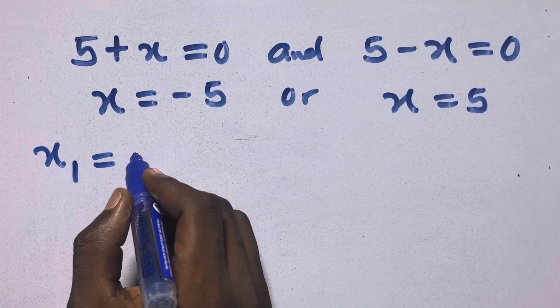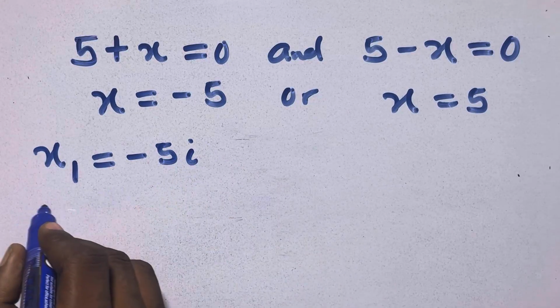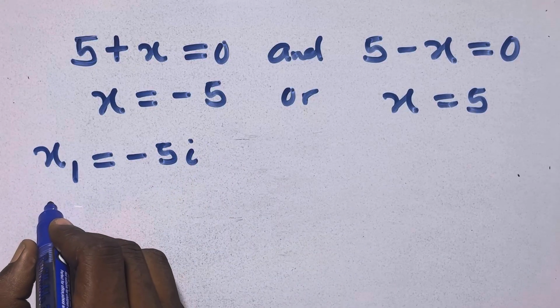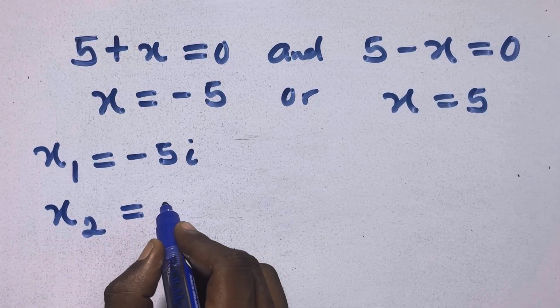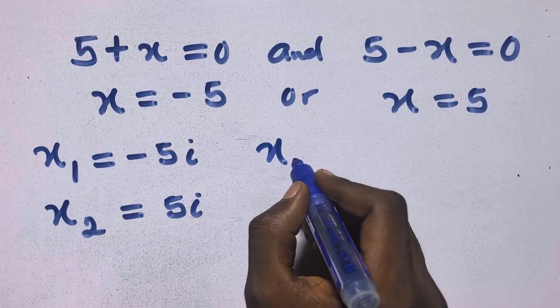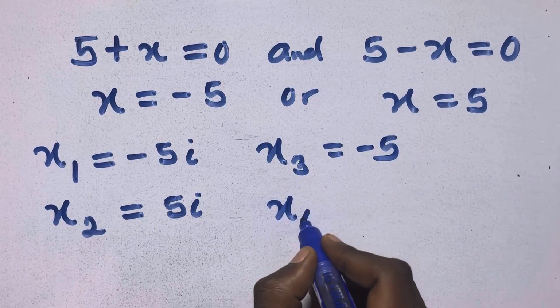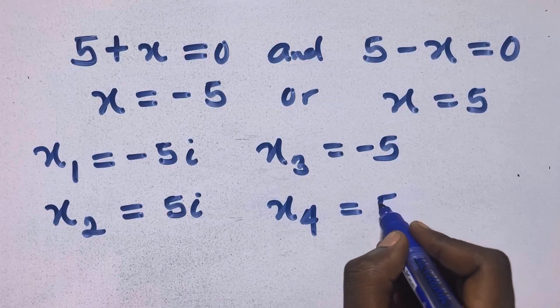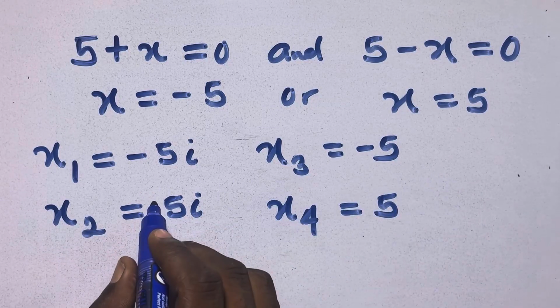All right, so remember now we have, let's say our x1, the earlier x we got before is minus 5i, right? Then for x2 we got before is 5i. So then let's name this our x3, which is minus 5, and our x4 is equal to 5.